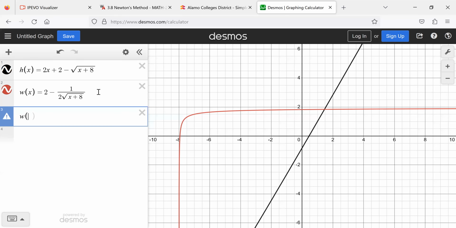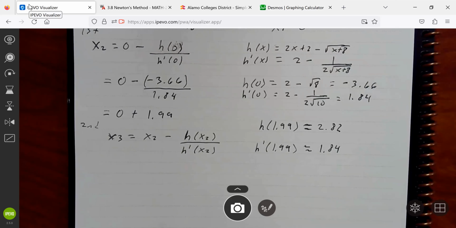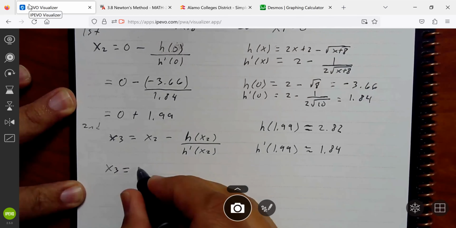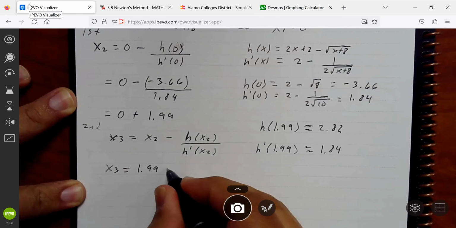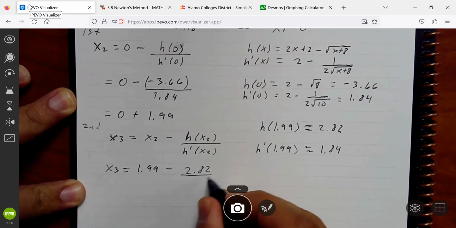W of 1.99, this is the derivative. h prime at 1.99 will be approximately 1.84. Okay, cool. So now I can just go straight up, plug it into the formula, right? Make it easier. So x3 is equal to 1.99 minus 2.82 over 1.84.